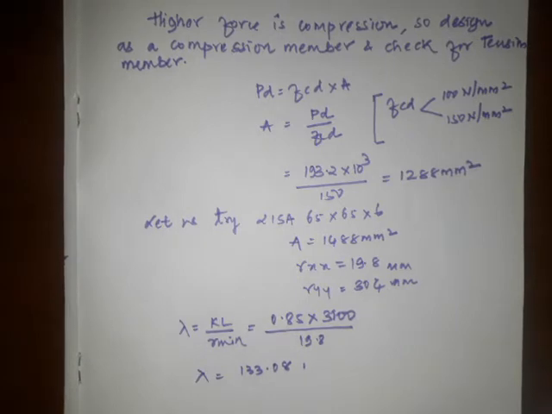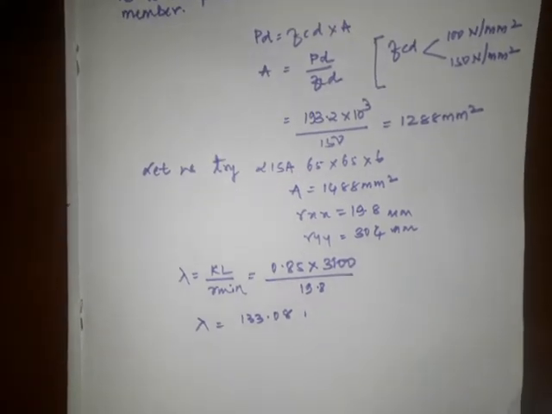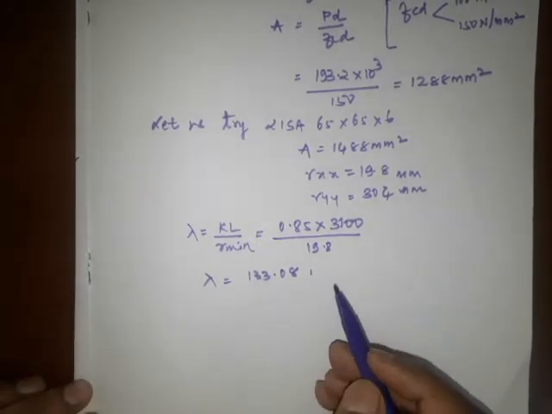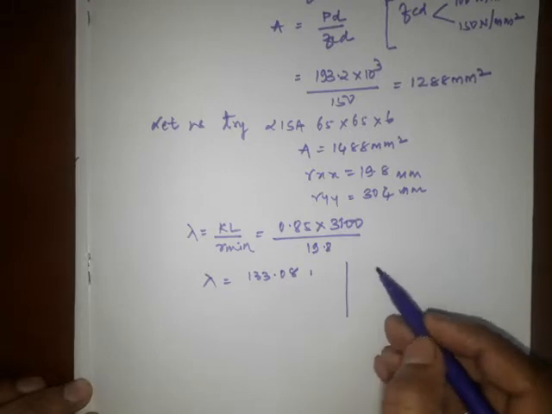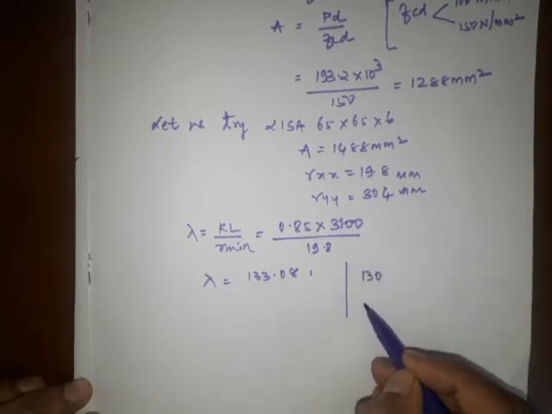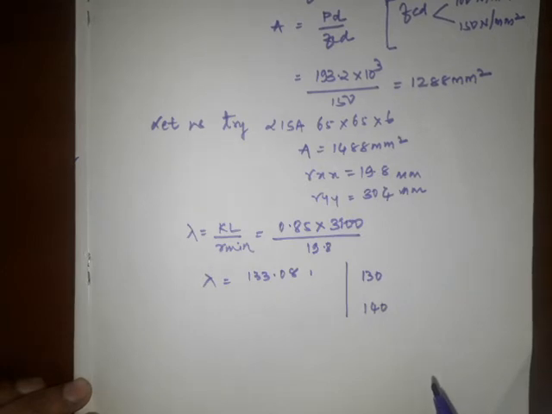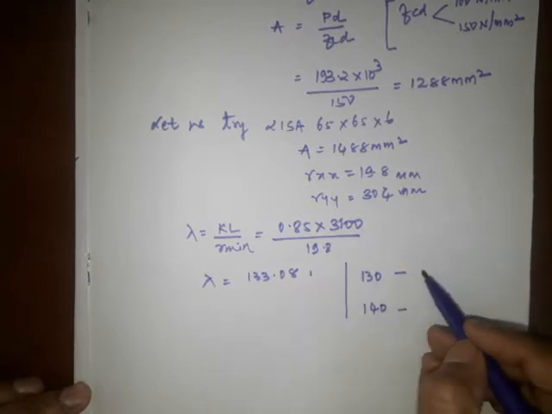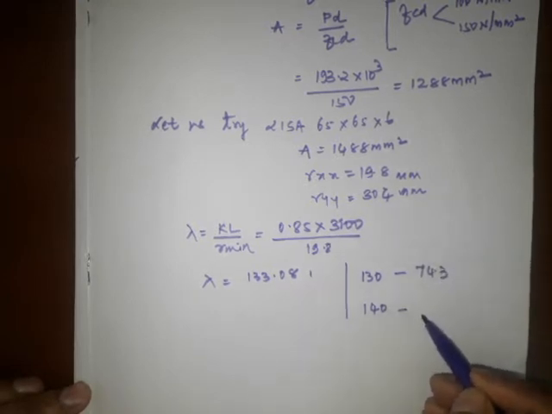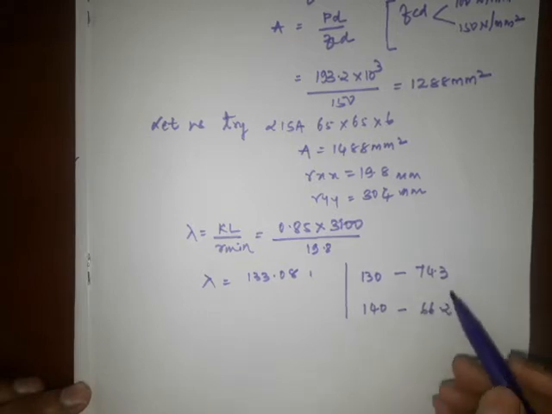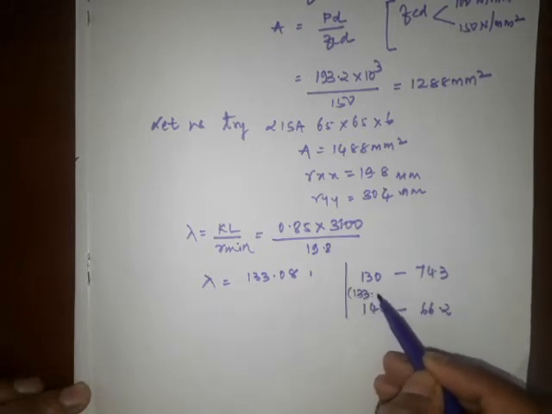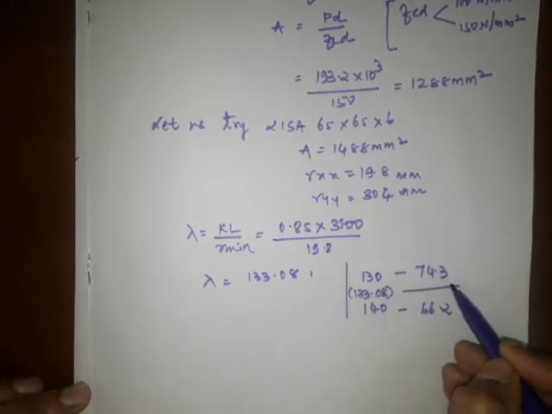Then what you have to do? You have to find out the value of FCD. You have to interpolate between 130 and 140 by referring to table number 9C of IS 800. Here we get 74.3 and 66.2, and we have to get the value for 133.08 after interpolation.